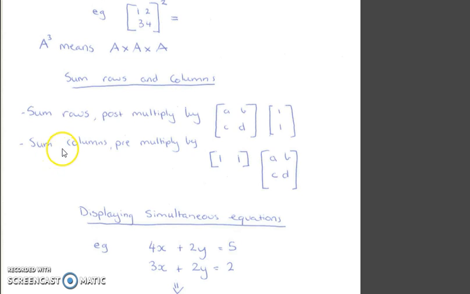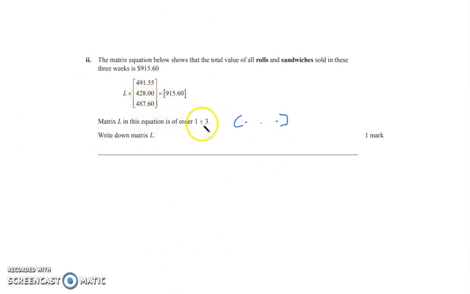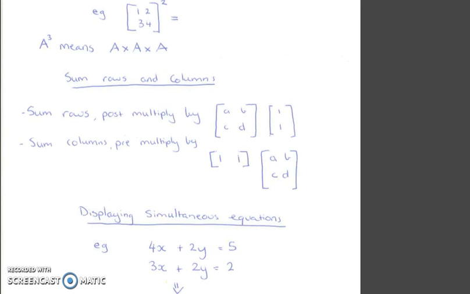Or if we wanted to sum our columns, we can pre-multiply by a matrix of 1s. And in this question, they're actually telling us that it's a 1 by 3 matrix and it's pre this matrix. So what we need to do is look at this one here: summing the columns by pre-multiplying by a matrix that has 1s in it.